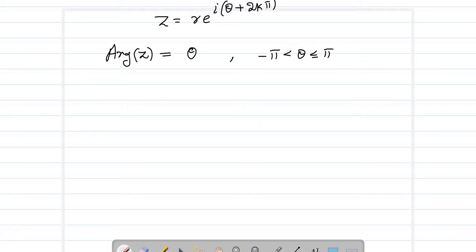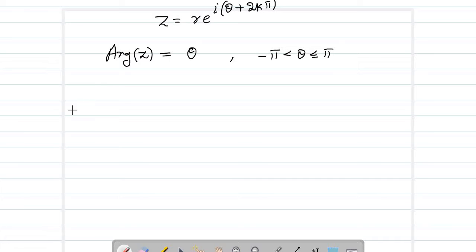And now let us discuss how to find powers of a complex number, and similarly the nth root of a complex number. Those are what we are going to see now.